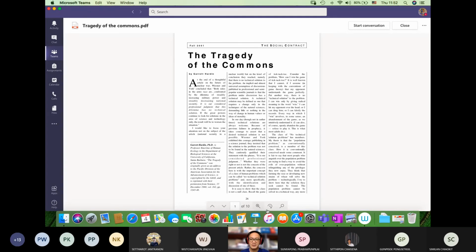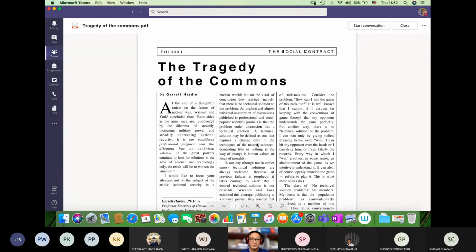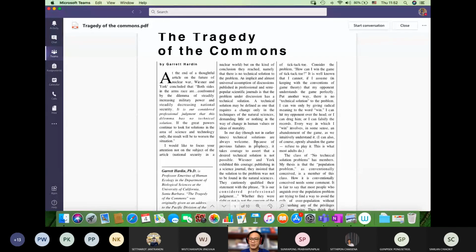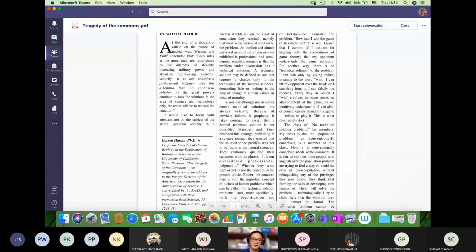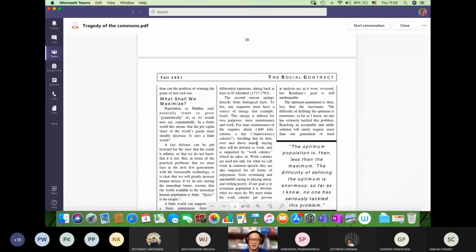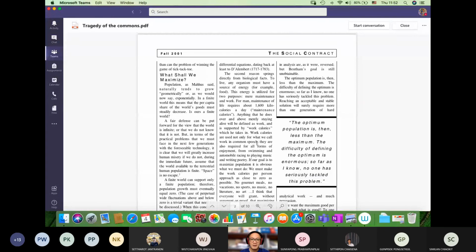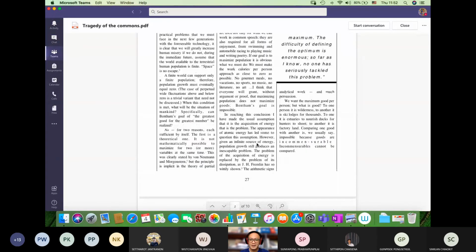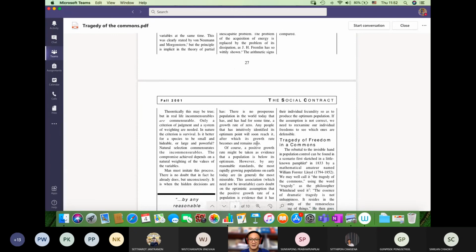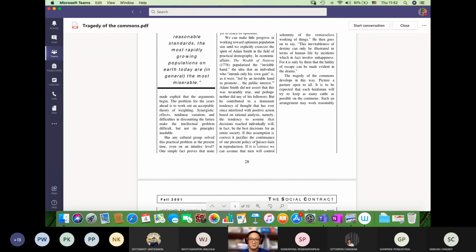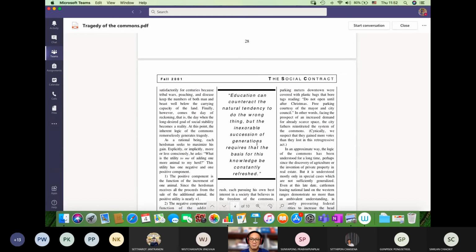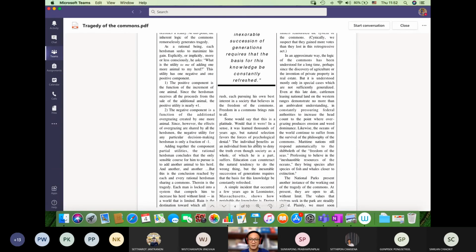In here, by Garrett Hardin. So you can go through it. Just try to get some idea about how we can apply these concepts to manage the environmental quality.